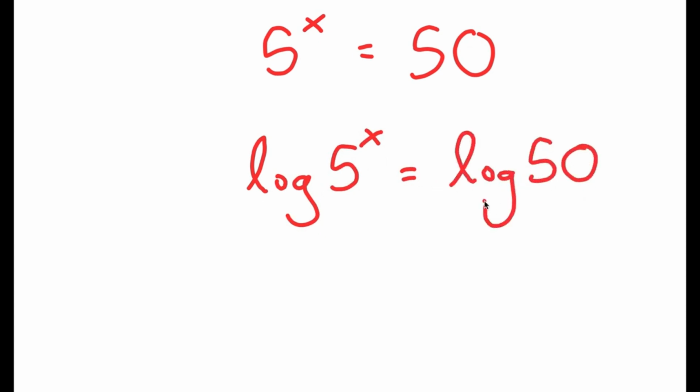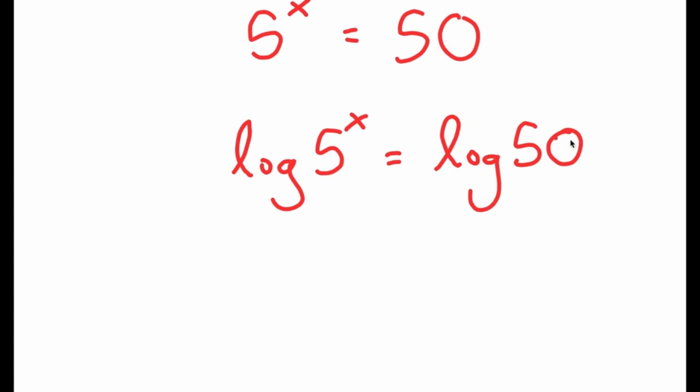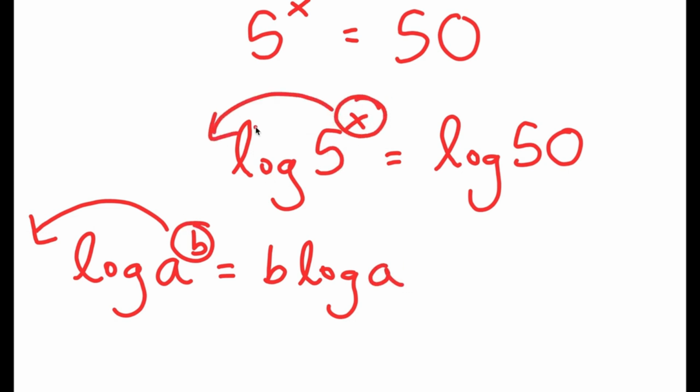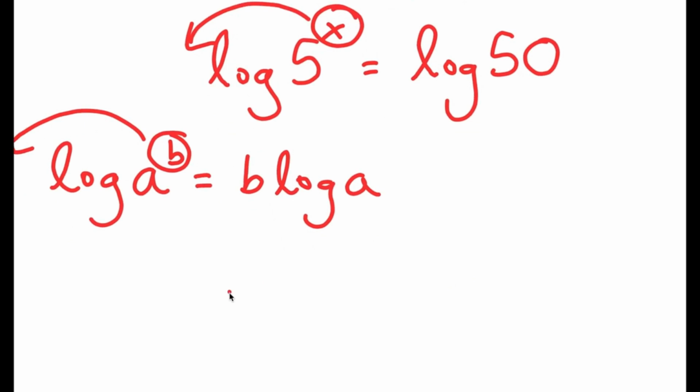The reason I'm doing this is because logarithms come with a special property that states that if I have something in the form log a to the power of b, I can move the exponent b to the front, so this turns into b times log a. In this case, I have log 5 to the power of x, and we can think of x as b, and I can move this x to the front, so now I get x times log 5 is equal to log 50.